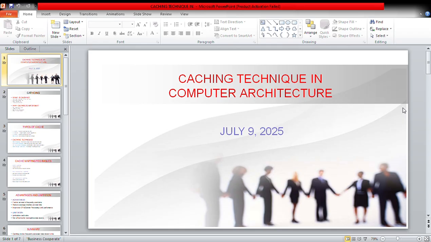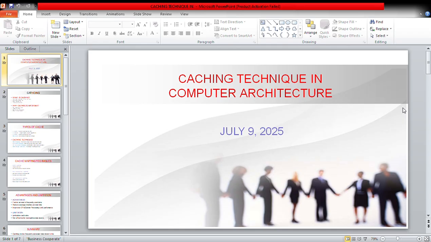When someone says caching, what is the meaning of caching? It's not something broad, something huge, something new. It started in the 80s; our forefathers started it. Caching is a fundamental technique in computer architecture designed to improve system performance by storing copies of frequently accessed data in temporary, high-speed storage called cache.